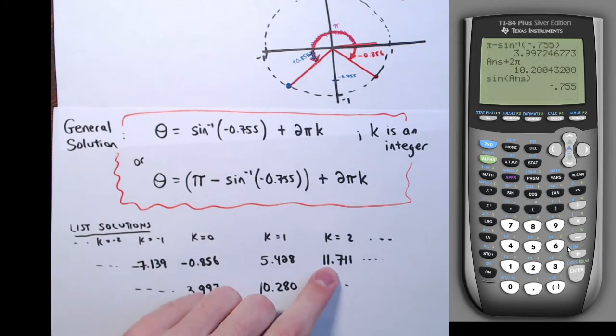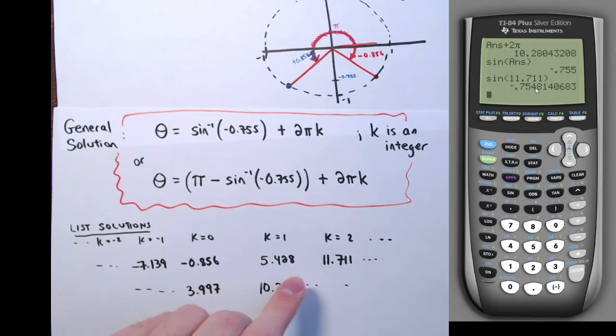The sine of 11.711 radians is close to negative 0.755. Again, the only reason it's not exactly the same is because that answer was rounded, but you see how close it is? So right here I have 6 solutions rounded to 3 decimal places.